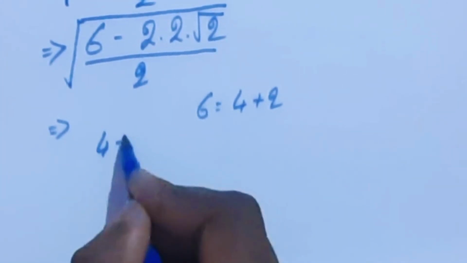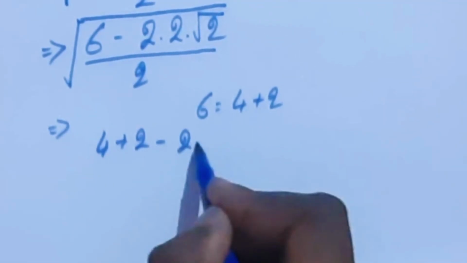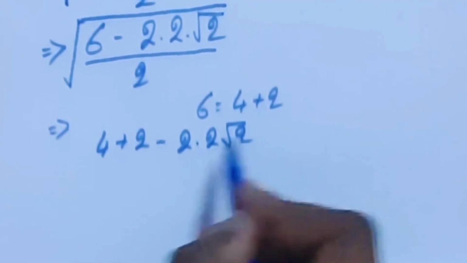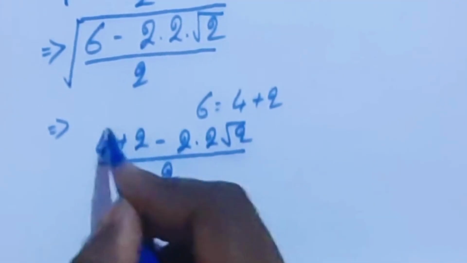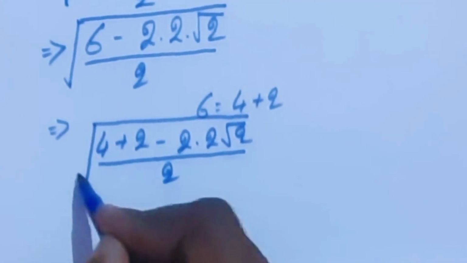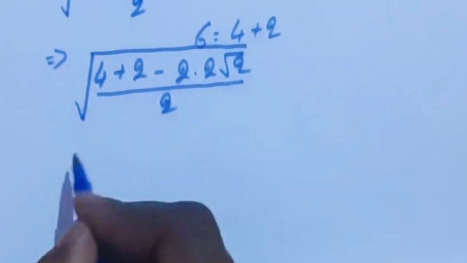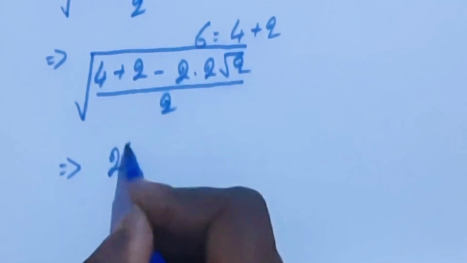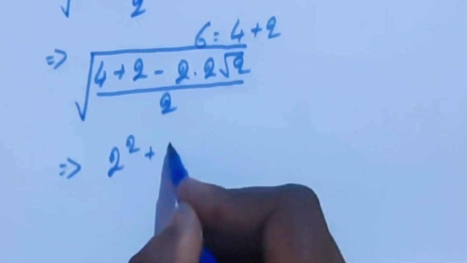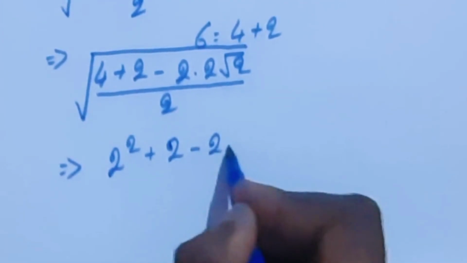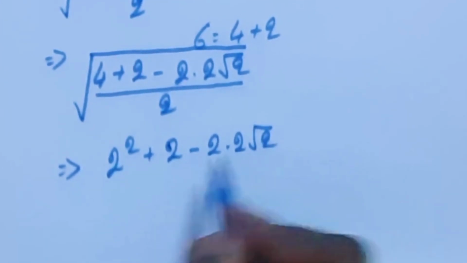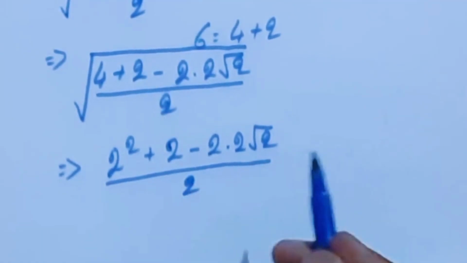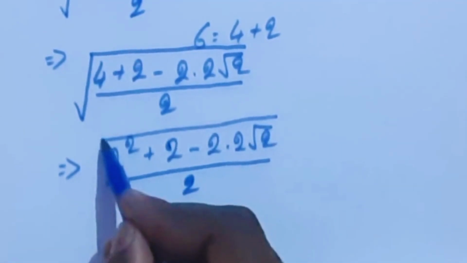So the square root of 4 plus 2 minus 2 times 2 times the square root of 2, by 2. Now 2 square plus 2 minus 2 times 2 times the square root of 2, by 2, in whole square root.